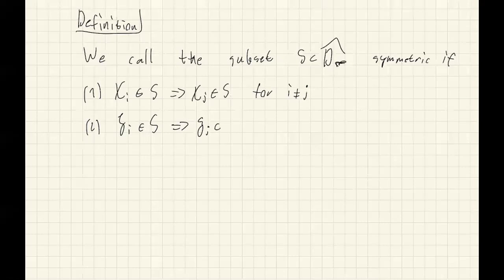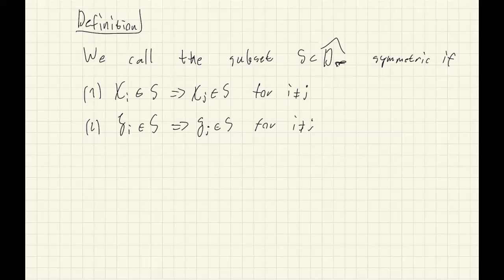So what I have just written is that the subset is symmetric if, for every double point, it either has both or no one. In some sense, we can treat such subsets as commutative spaces.